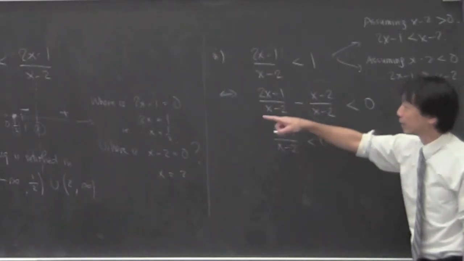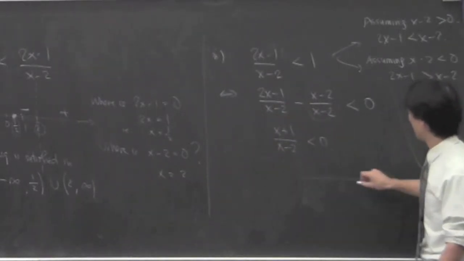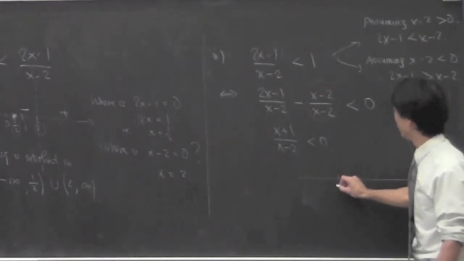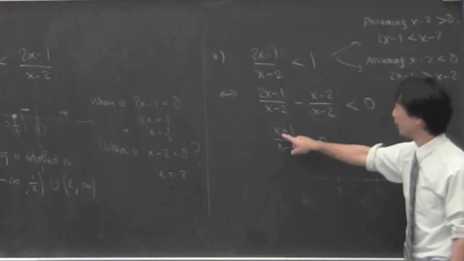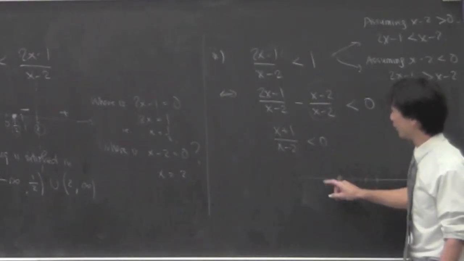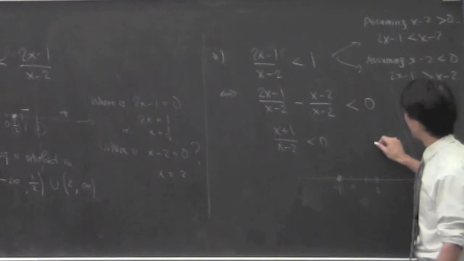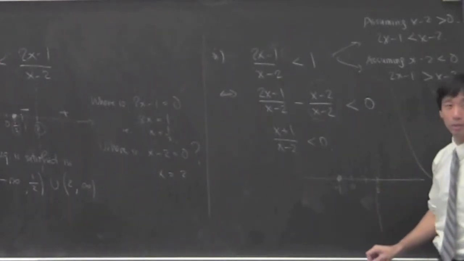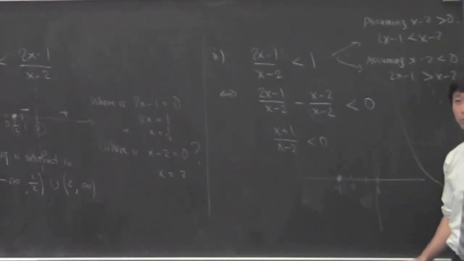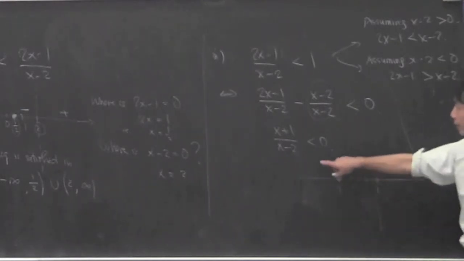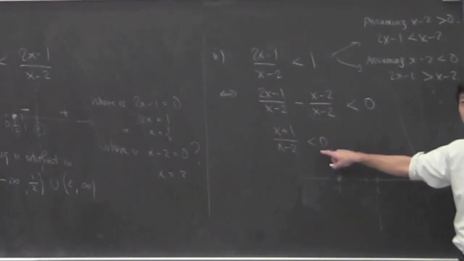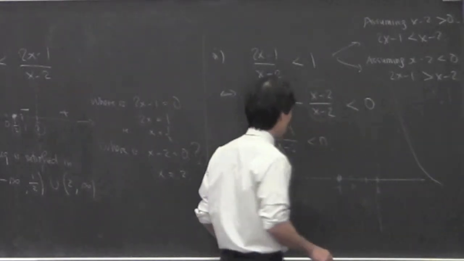And now we play the same game as before. We've got 0, negative 1, positive 2. At negative 1, we cross the axis. At 2, we have an asymptote. And then we play the same game. We're trying to find where this thing is less than 0. So we plug in some values.